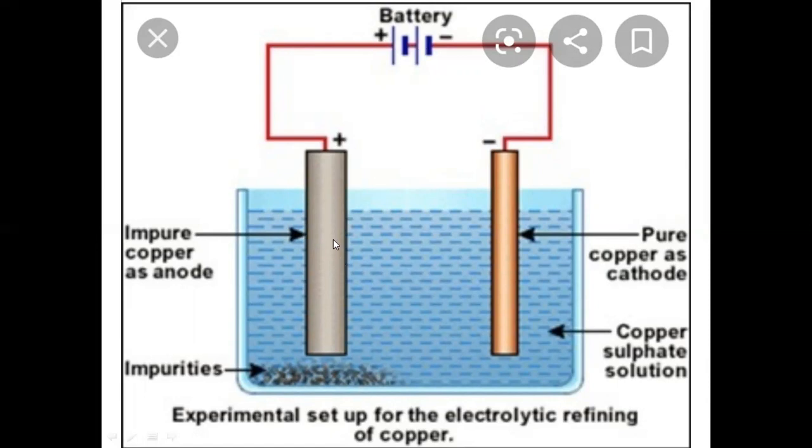The zinc will lose electrons and leave electrons on the anode, and they will move through the external circuit to the pure copper bar, and this pure copper bar increases in size due to the deposition of copper coming from the anode side.